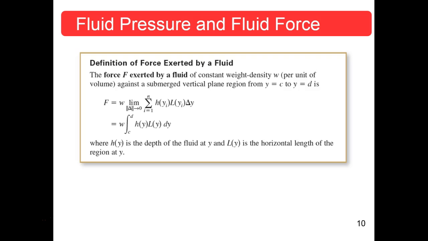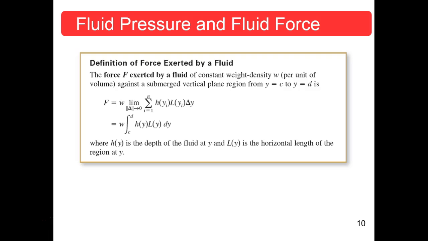Starting from y equal to c at the top, and y equal to d at the bottom, the y is something between c and d. So the depth at any given y, that's what's a function of y. The length of that strip, especially if this was an unusually shaped thing, could be a function of y too. And then the delta y is your thickness.